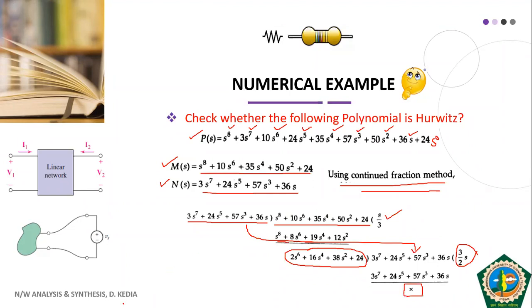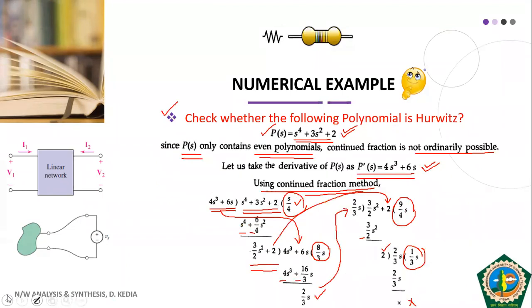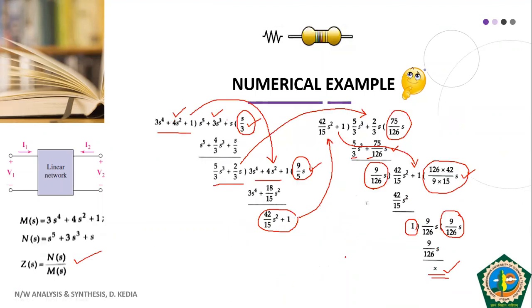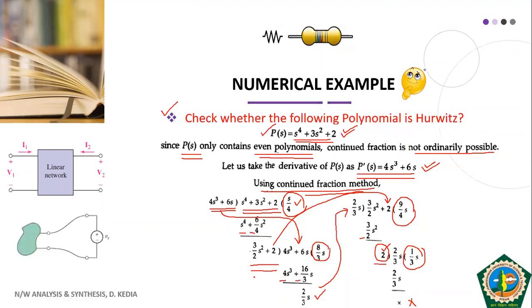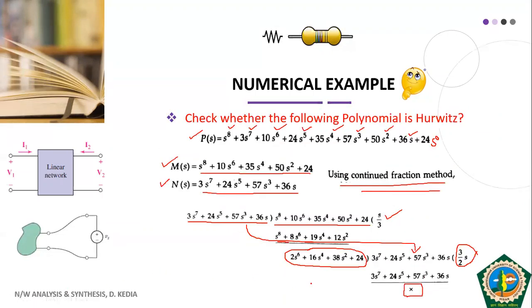If you notice in earlier numericals, when we were doing the continued fraction method, what was happening? We were proceeding till the point where we had some constant term as divisor. In every numerical, here it was 1, here we have 2, whereas in the present numerical, we don't have that case.